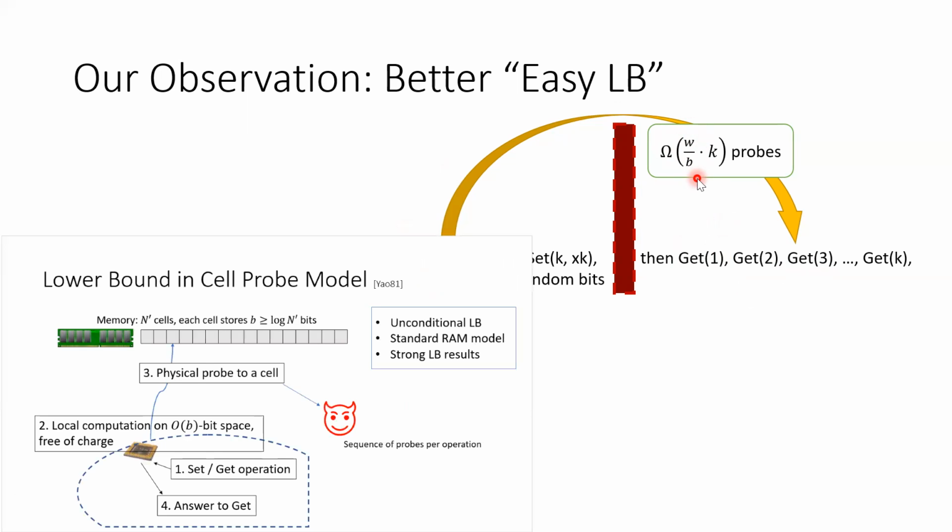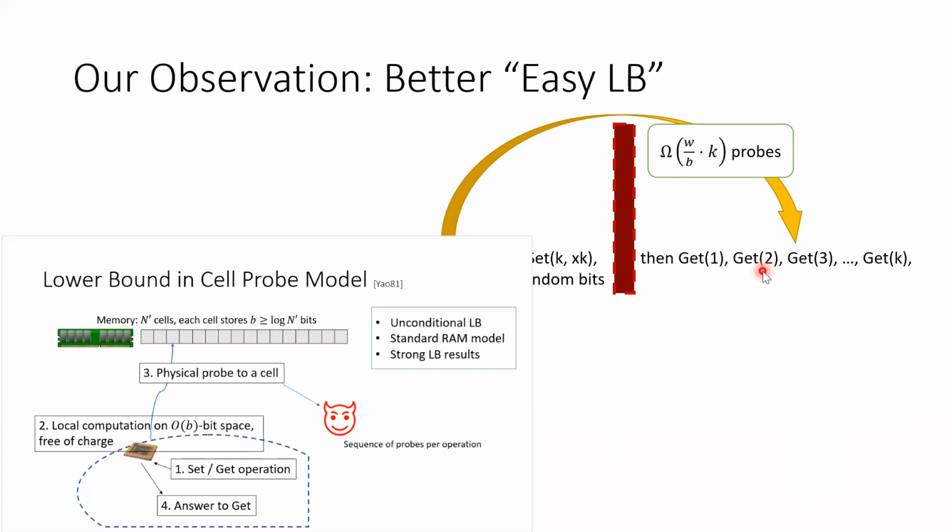Why? Because in our lower bound model, this data structure, this algorithm, has to answer a get query before it knows the next query, right?